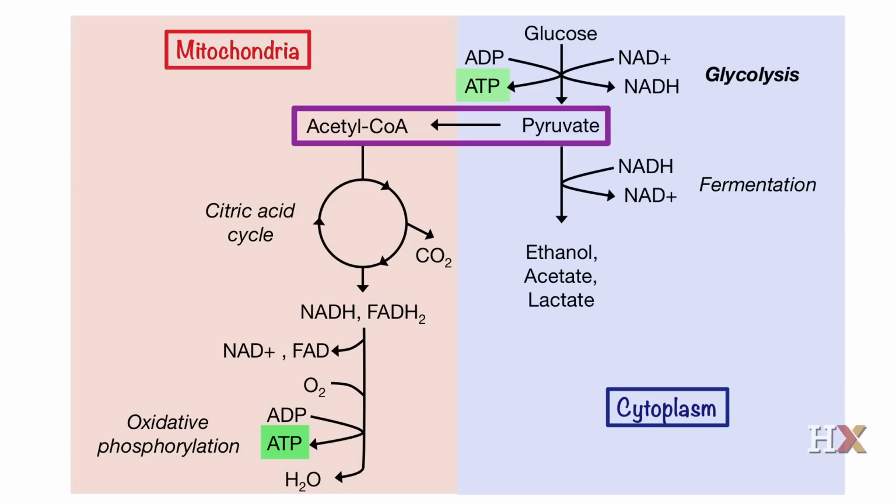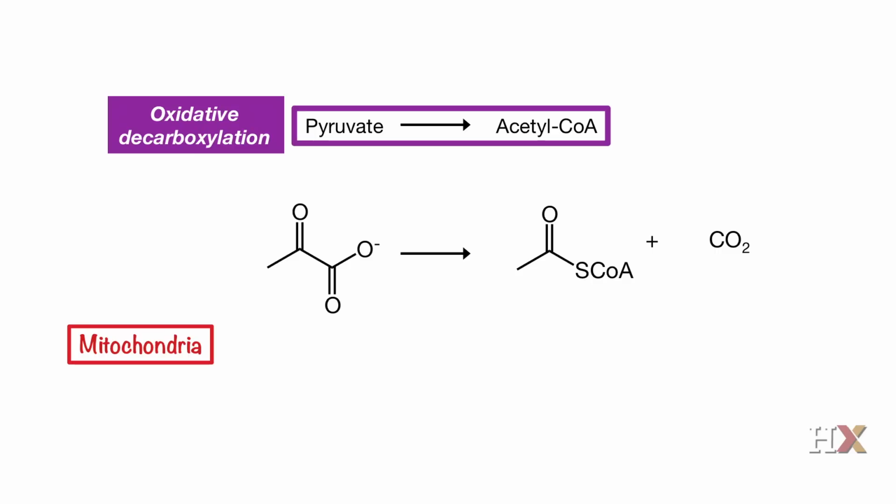A carrier protein transports pyruvate into the mitochondria. And then acetyl coenzyme A is formed by oxidative decarboxylation. So why is the formation of acetyl coenzyme A called an oxidative decarboxylation? Well, it's kind of self-evident.